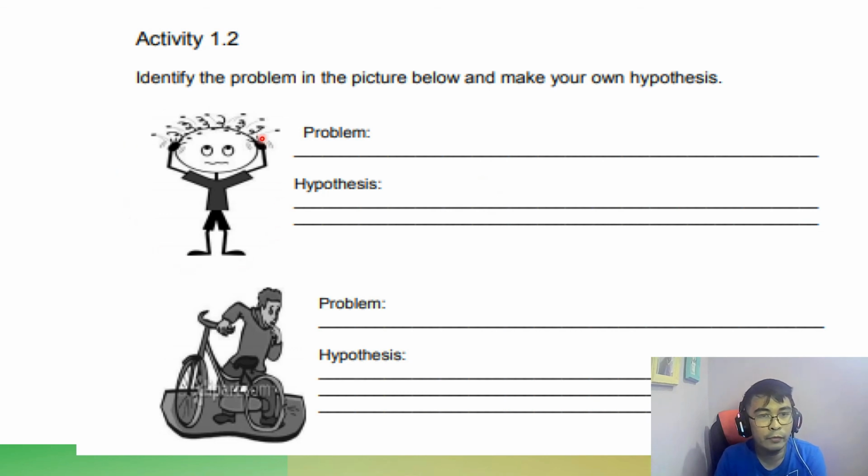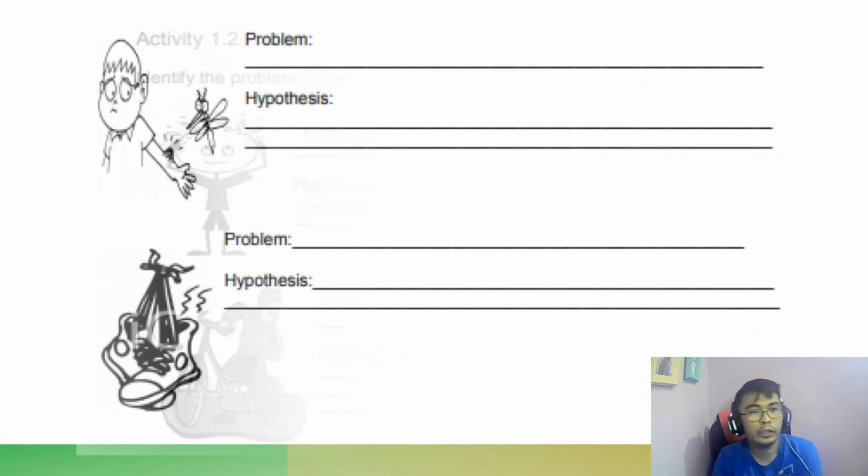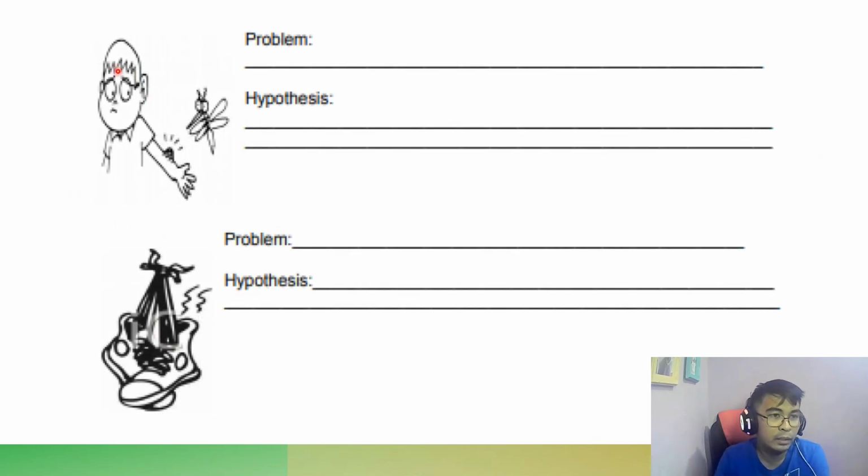The first picture is given, another picture is given. For the third picture, same. You need to write your problem, write your hypothesis based on the problem. Then the fourth picture, same, problem, hypothesis.